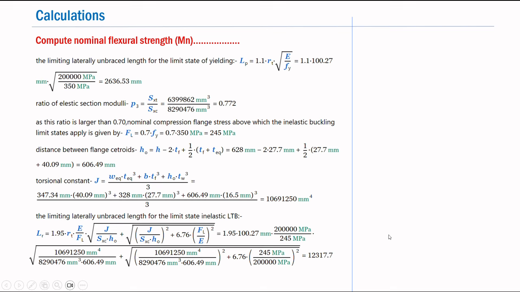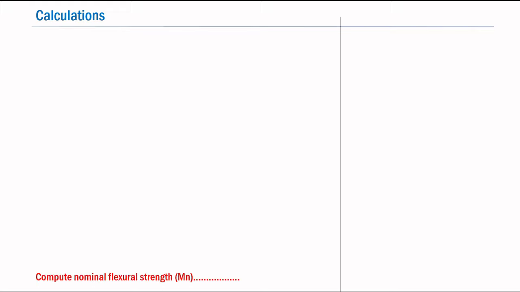So remember now that the value of Lb, which is equal to 10.67 meters, lies between Lp and Lr, which means that the nominal flexural strength is governed by the so-called inelastic lateral torsional buckling.